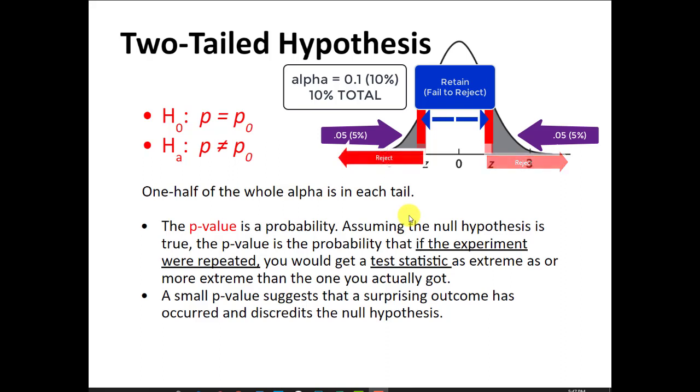If you have a very small p-value, a very small chance of this happening, that suggests a surprising outcome and that there is enough evidence that the rejection of the null hypothesis is okay to do. So you're going to reject the null if you get a very, very small p-value. You want your p-value to be less than our established alpha.